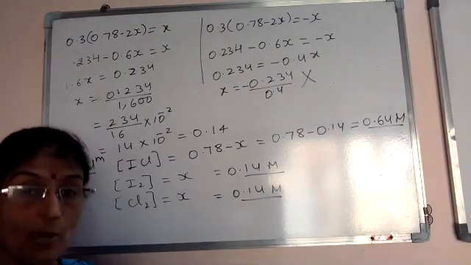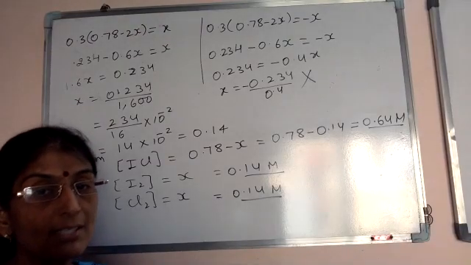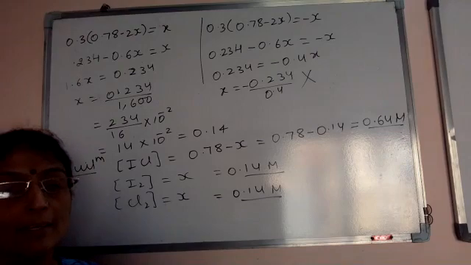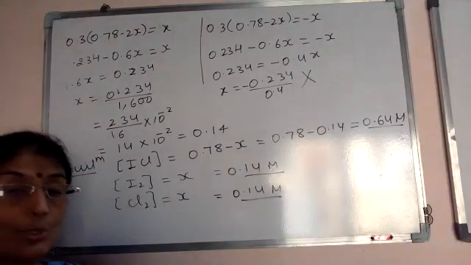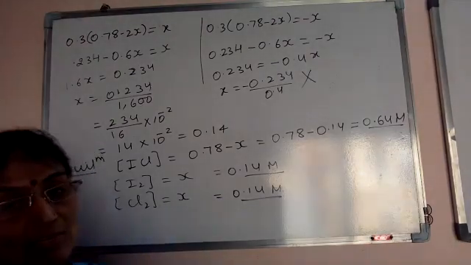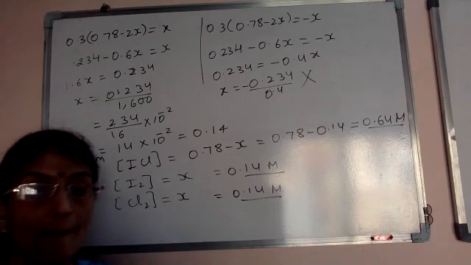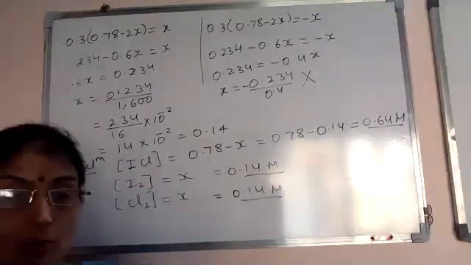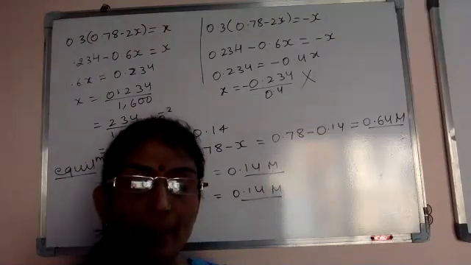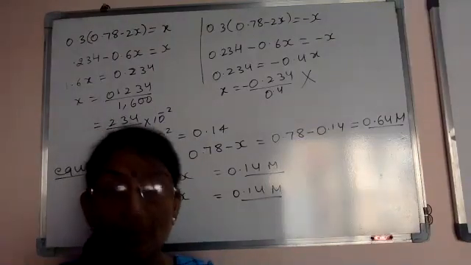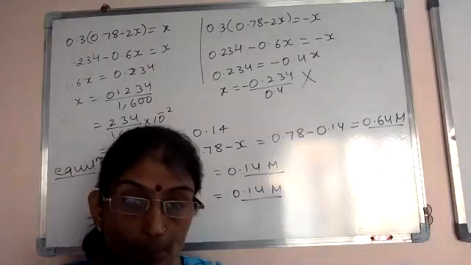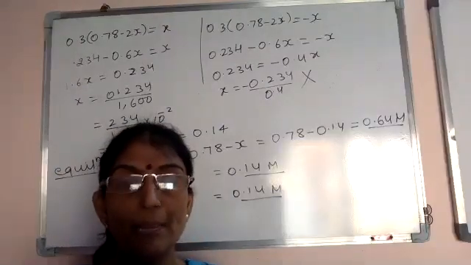So we can find out the equilibrium concentrations by the use of Kc. So Kc is used to determine equilibrium concentrations. Okay, what you have to do? Write down first of all the balanced chemical reaction. After that, make a table. What to write in the table?